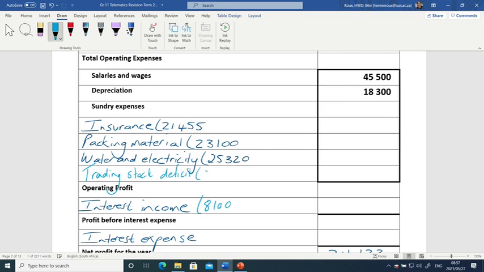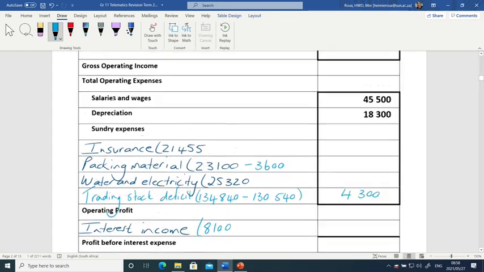And that is the difference between what we have on hand in our records, 134,840, minus what we counted, 130,540. So the deficit will be 4,300. And then the packing material, we said that we have on hand not used, 3,600. So that's done. We've earned some marks.